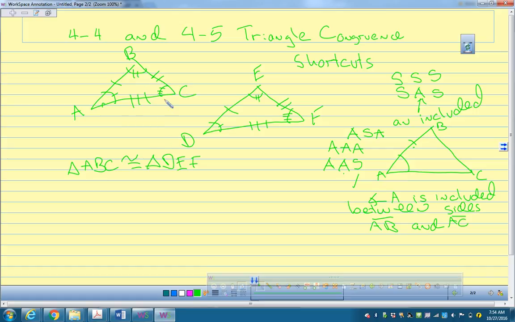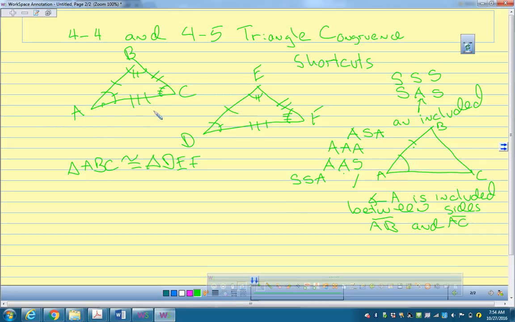We're going to explore, and the other possibility is two sides and an angle, okay? Side, side, angle. We don't call that angle, side, side for obvious reasons, because it spells a bad word. We call it side, side, angle, okay?